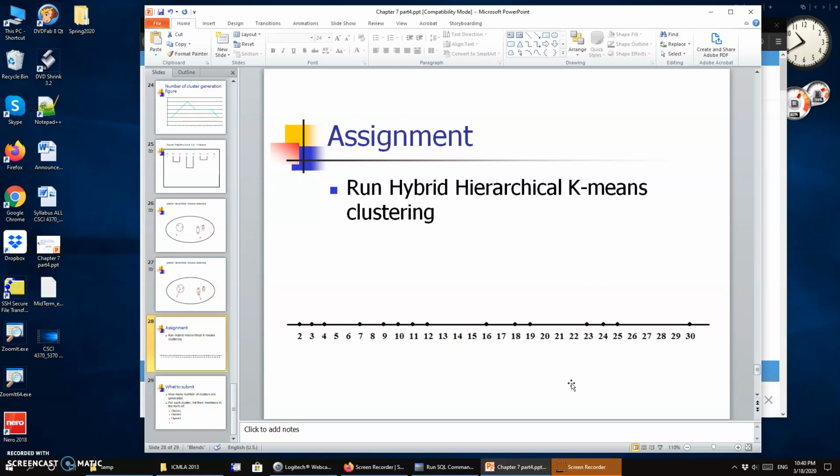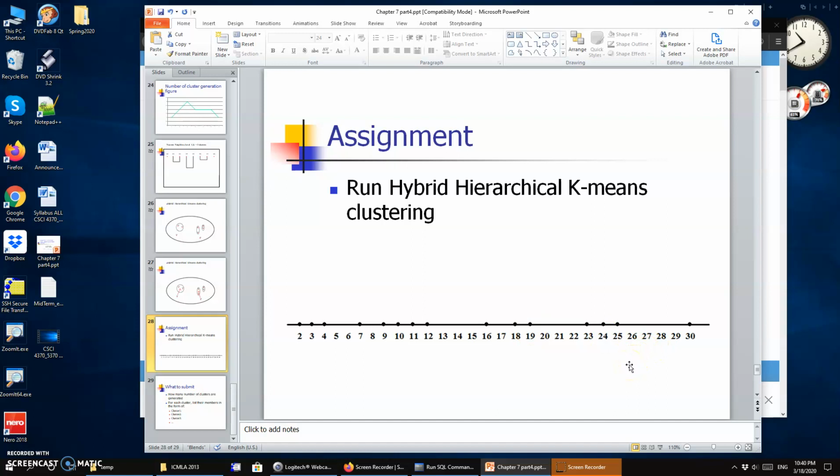So for this class, the question I'm going to assign to you is this one. This is the data set that has been used many times. We used this one in k-means clustering. We used this one in the hierarchical clustering. So I want you to use this data set. It has about 15 data points.